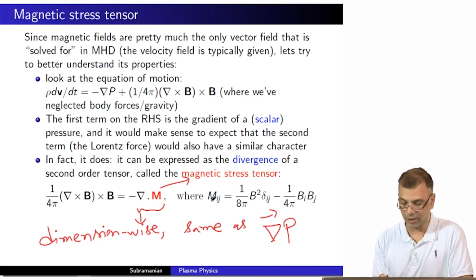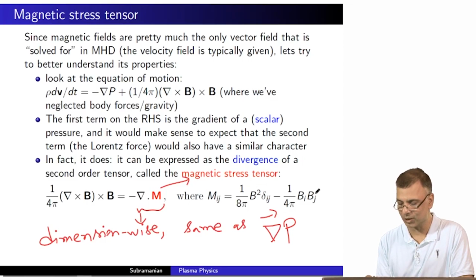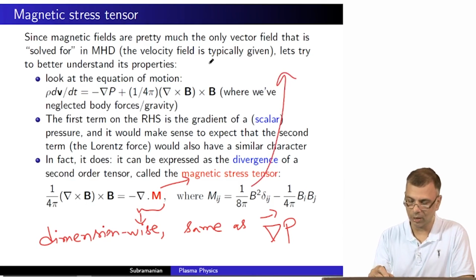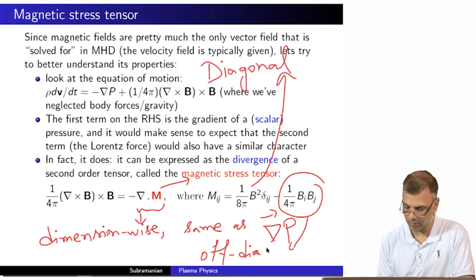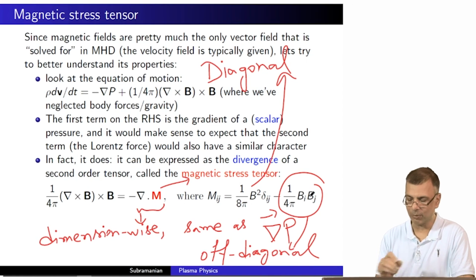And the ijth element of this tensor is given by 1 over 8 pi B squared delta ij. So these would be the diagonal terms, and these would be the off diagonal terms, with Bi Bj.